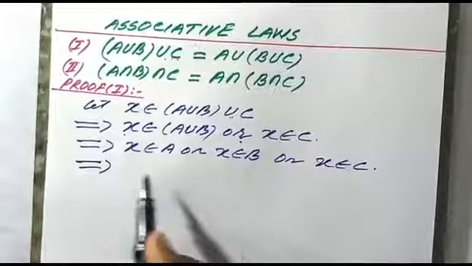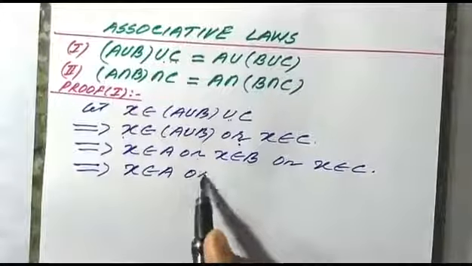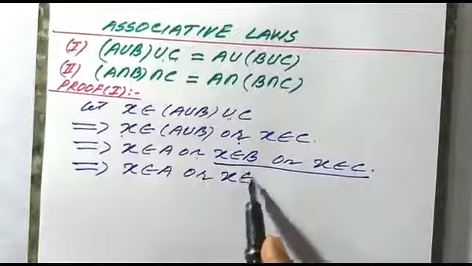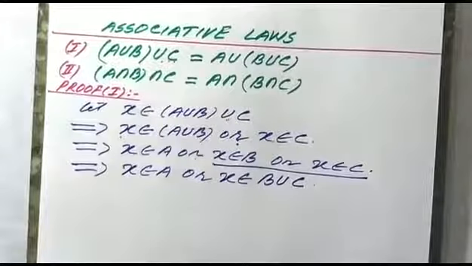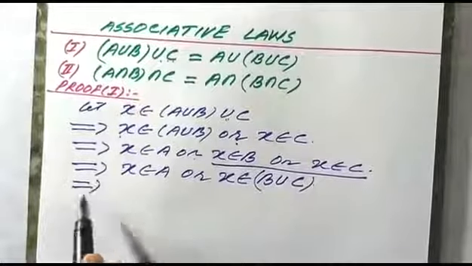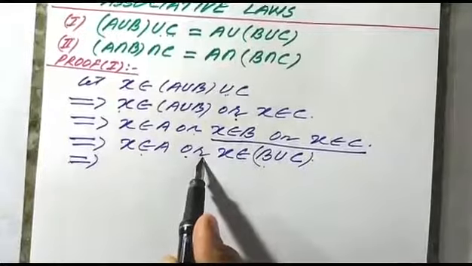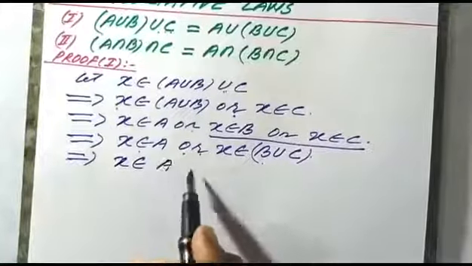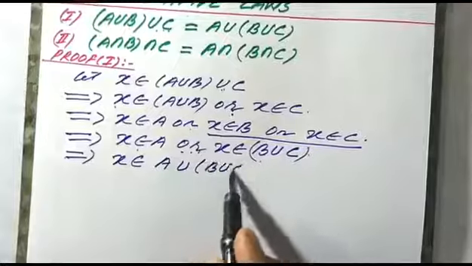So in the next step, we may write it as X belongs to A as it is, OR, and we combine these two statements as X belongs to B union C. So it implies that now we may combine these two statements for the word OR.